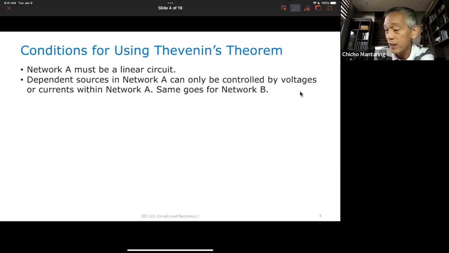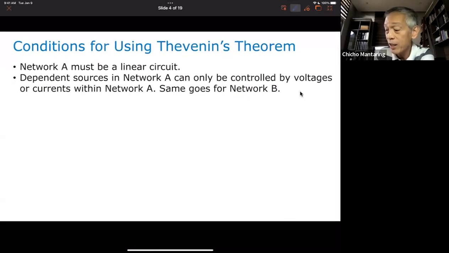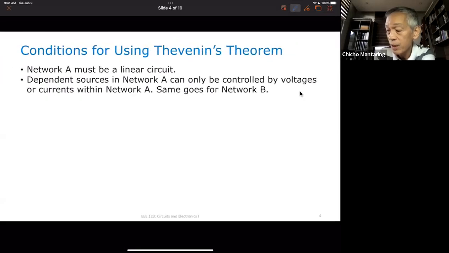A linear circuit consists of linear sources, and then you have linear passive elements.